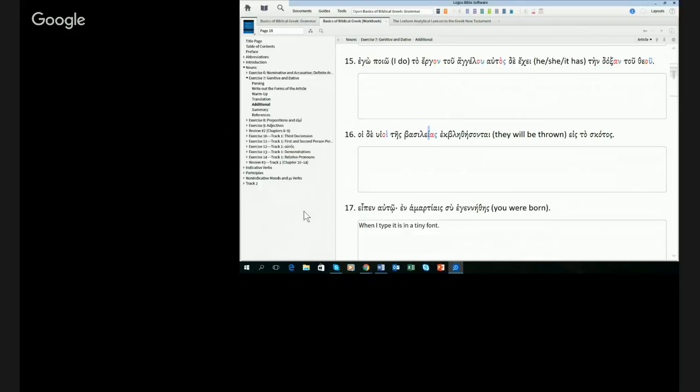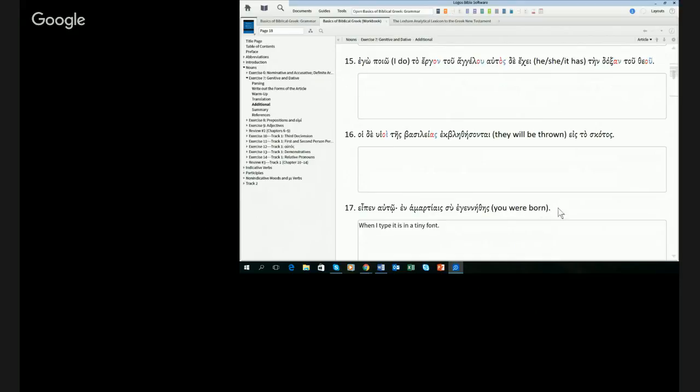If the alpha is immediately preceded by iota, epsilon, or rho, alpha will be retained throughout the singular. So the genitive singular is basileias. The accusative plural is also going to be basileias. In this case, the article is tes, which is definitely genitive singular, removes all ambiguity. Tes basileias means of the kingdom, the sons of the kingdom. It's genitive singular. Ekblethesontai, they will be thrown out.